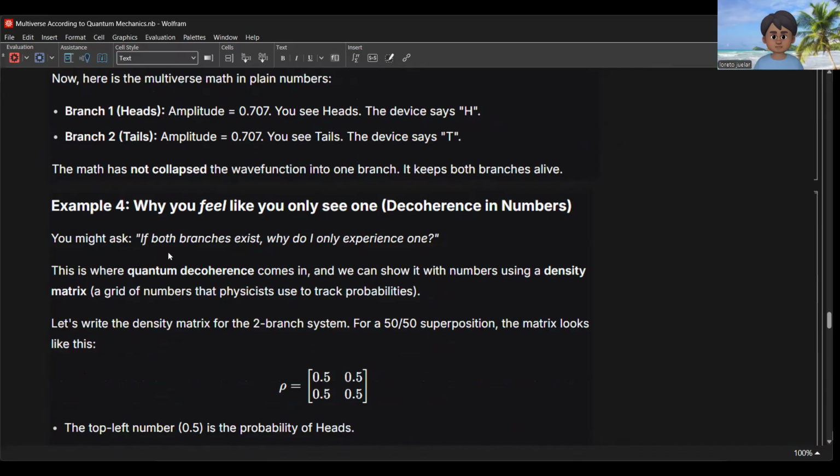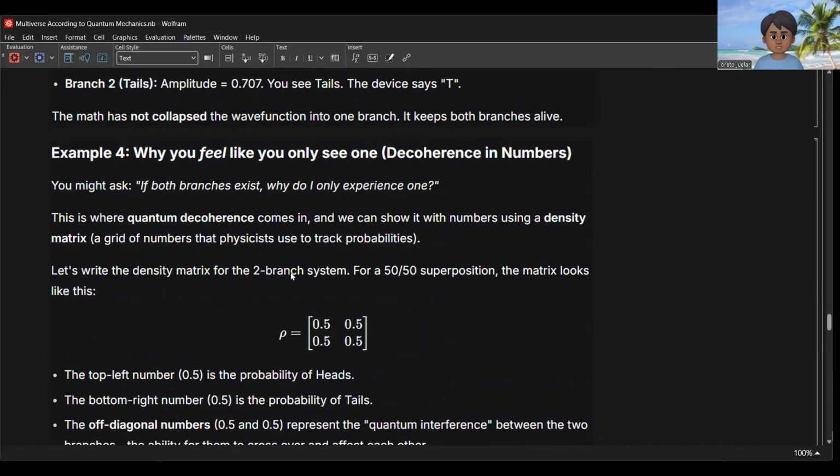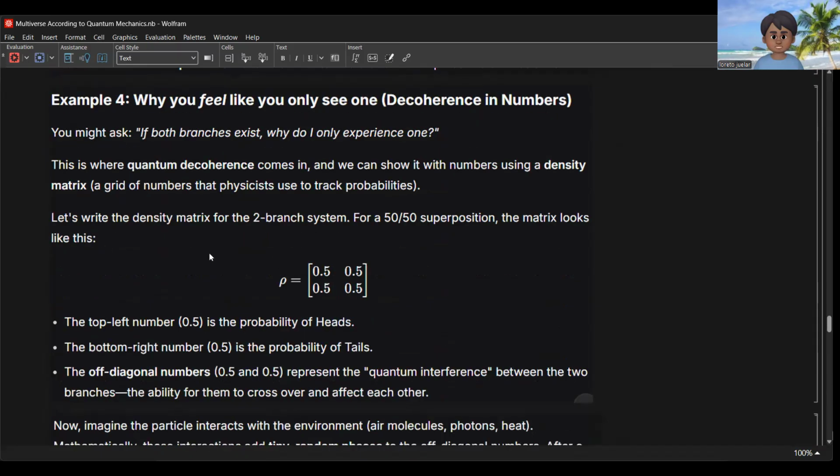You might ask, if both branches exist, why do I only experience one? This is where quantum decoherence comes in, and we can show it with numbers using a density matrix, a grid of numbers that physicists use to track probabilities. So let's write the density matrix for the two-branch system.